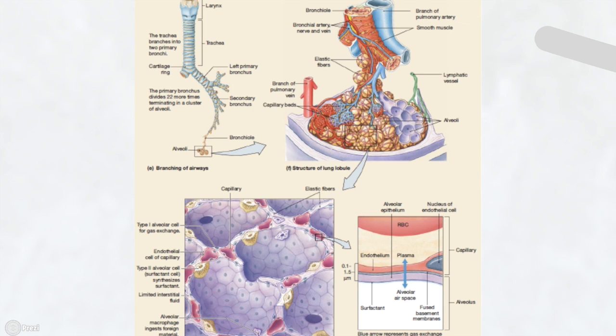The last image on the bottom right represents gas exchange between alveolar airspace and plasma. The larger type 1 alveolar cells occupy about 95% of the alveolar surface and are very thin so that gases can diffuse rapidly through them. In much of the exchange, a layer of basement membrane fuses the alveolar epithelium to the capillary endothelium.